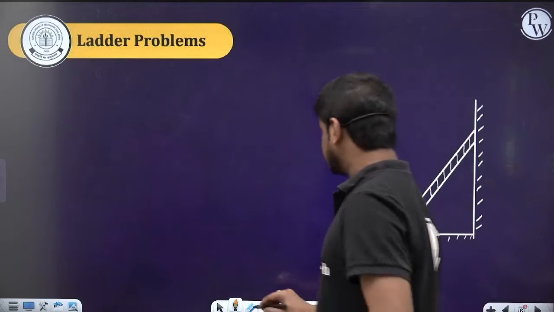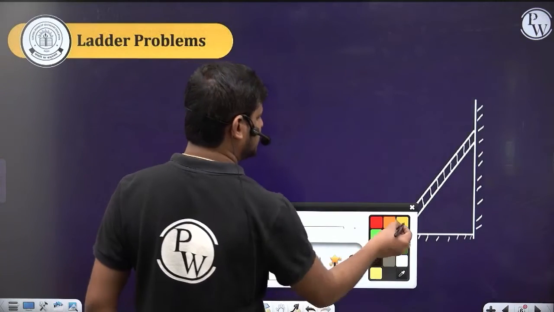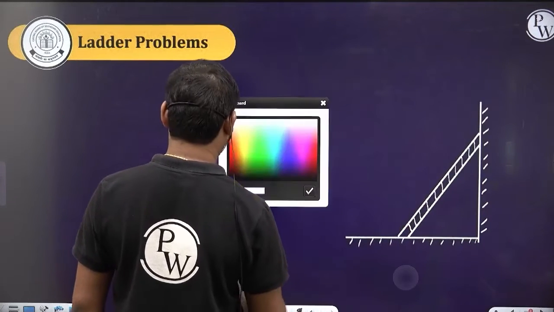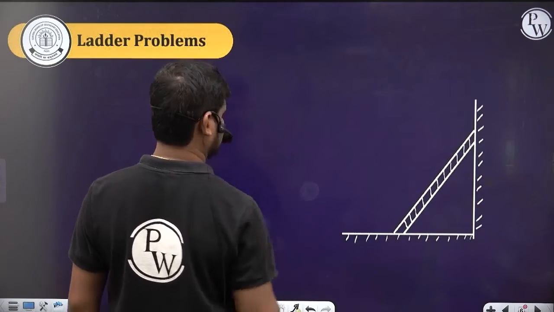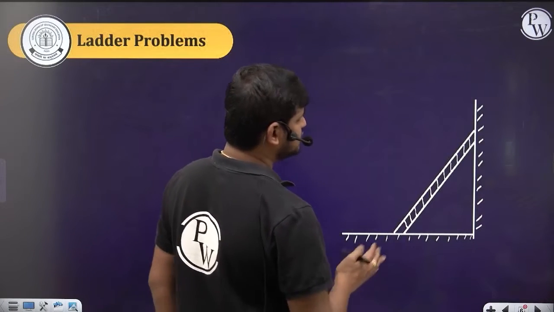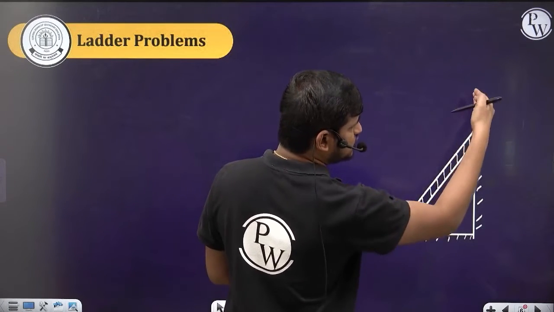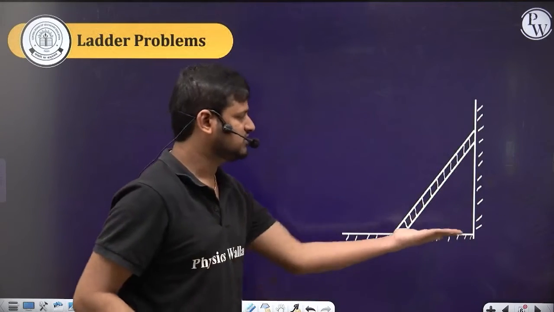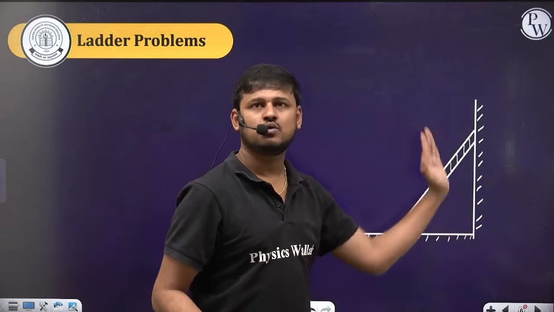Now let's come to the ladder problems. In these questions, first, what are all the forces acting? A ladder is placed against a vertical wall and supported on a horizontal surface. This is a horizontal surface and this is a vertical surface.